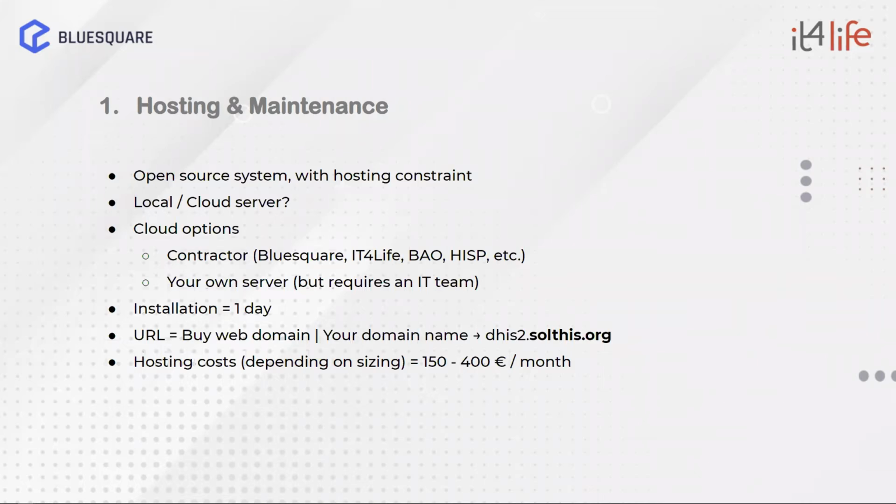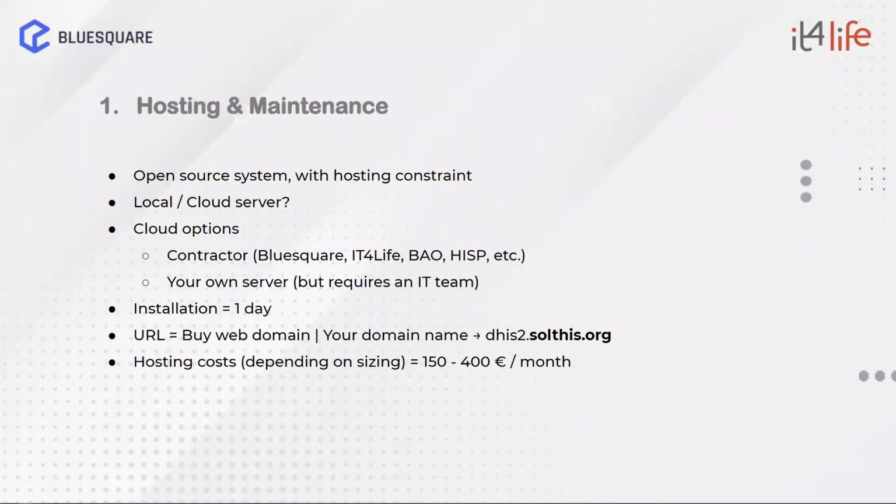You will need to find or choose a URL, and you can use your domain name if you are using your own server. So in my example, we will use dhis2.soltis.org. So the URL for your DHIS2 can look like this: DHIS2 plus the name of your organization.